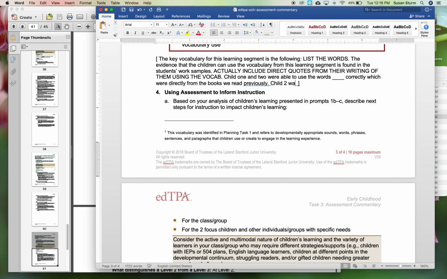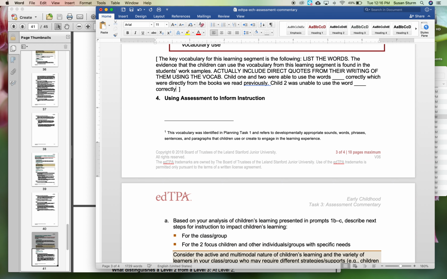Child 2 was unable to use the word blank correctly in the sentence. And then you're actually going to quote the child's writing here. Okay.